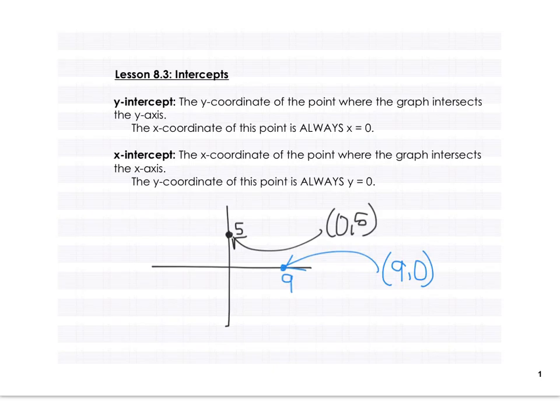So again, when we're looking at the x-intercept, the y value is always 0. Here's how I tell students to remember this: for the y-intercept, the other value is 0. So if you're doing the y-intercept, the other letter is always going to be 0. We're going to be using that here in just a little bit to solve our equations.